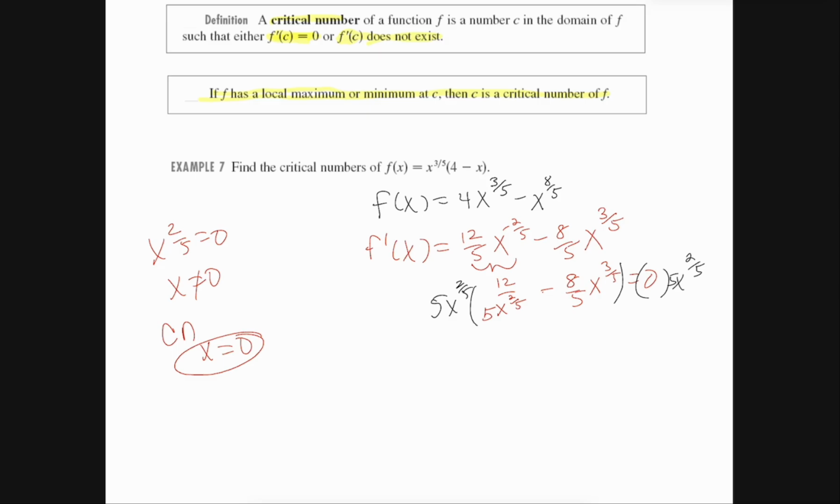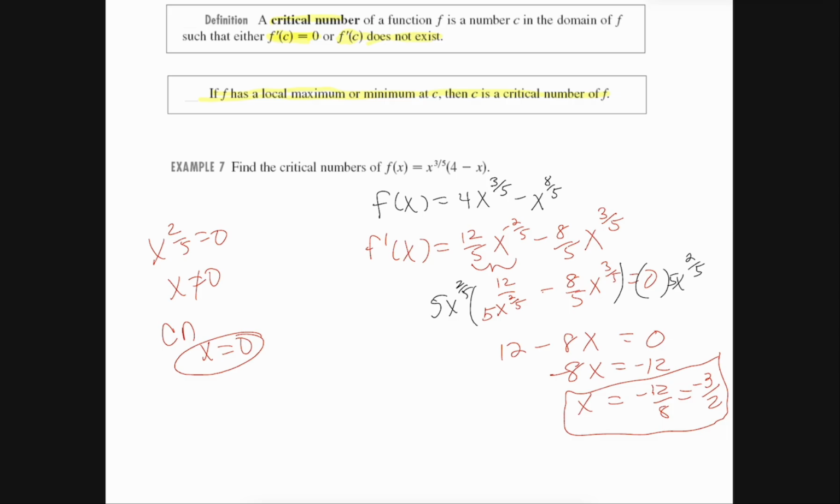So when we do that, we get 12 minus 8x to the 5 fifths, or x, equals 0. So negative 8x equals negative 12. So x equals negative 12 over 8, or negative 3 halves, or negative 1.5 is another critical number.